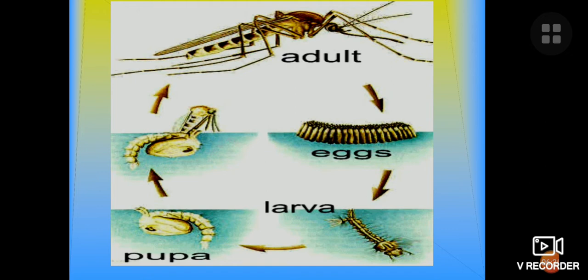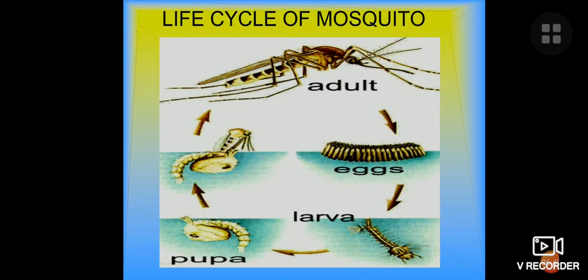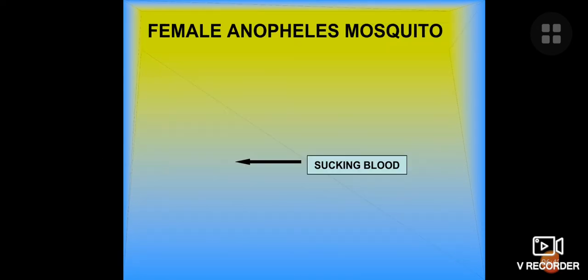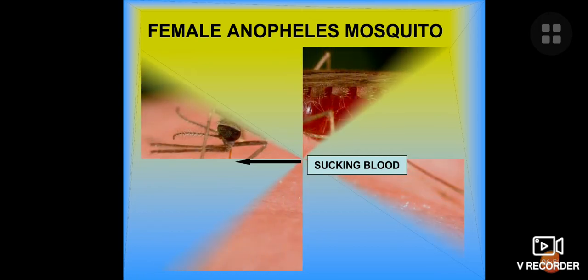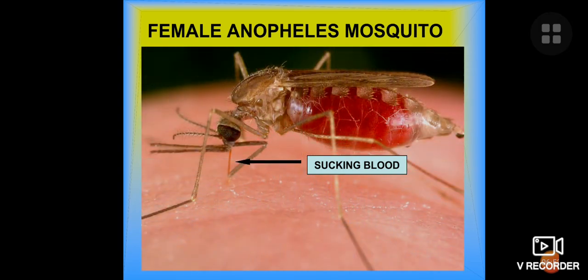Then we have our next slide of the female Anopheles mosquito, and it is sucking blood.